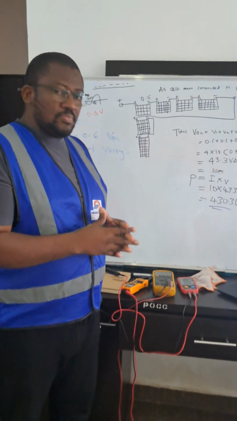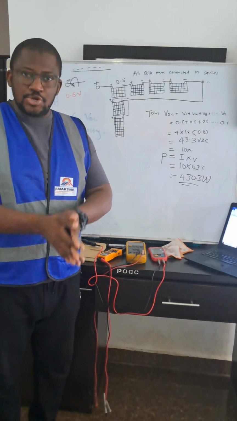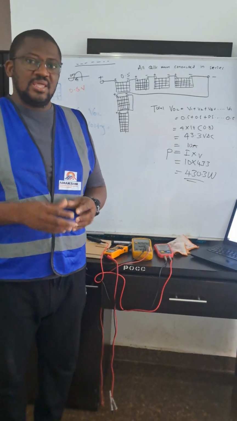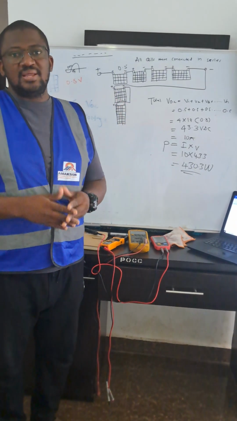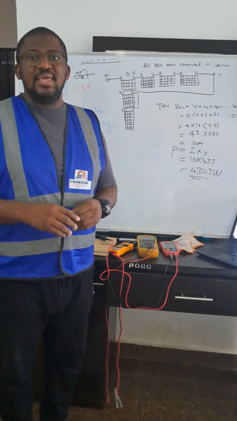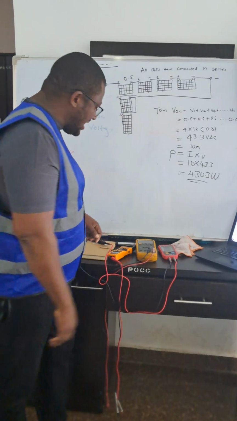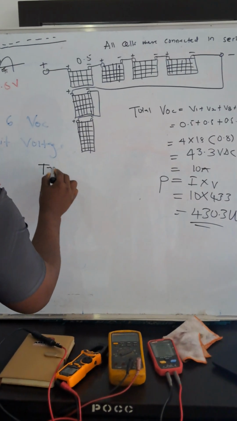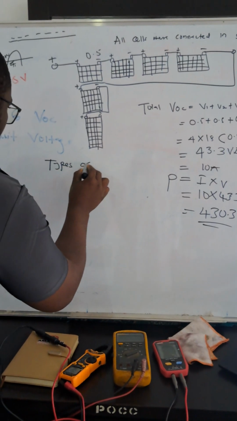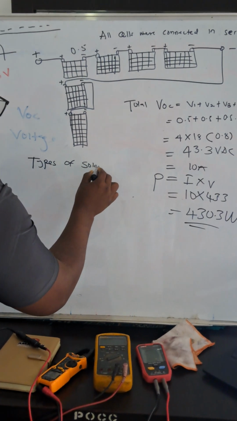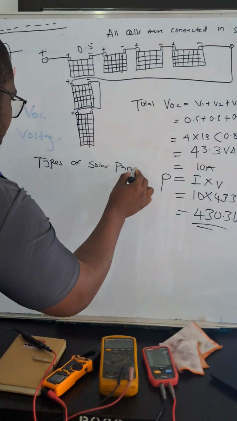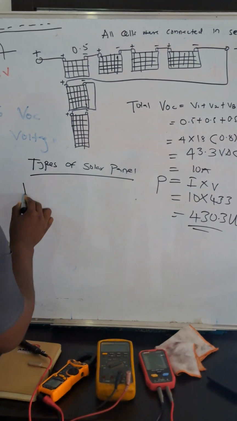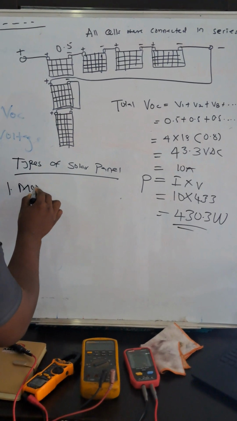So what are the categories? What are the types of solar panel? We have about 3 types of solar panel. We have monocrystalline solar panel, we have polycrystalline solar panel, and amorphous. Number 1, we have monocrystalline.